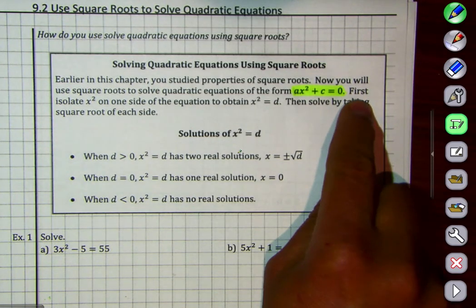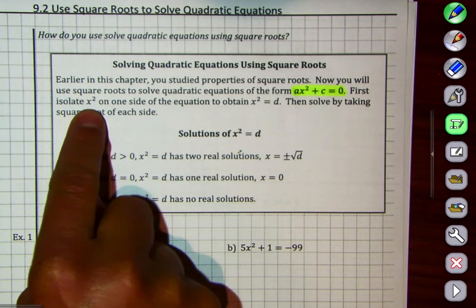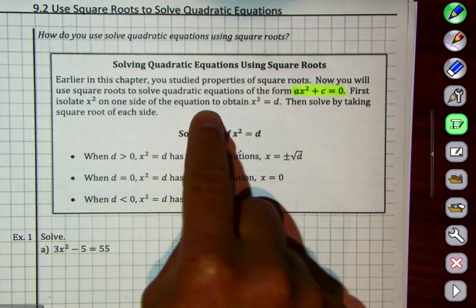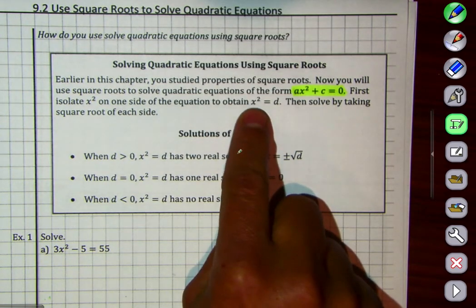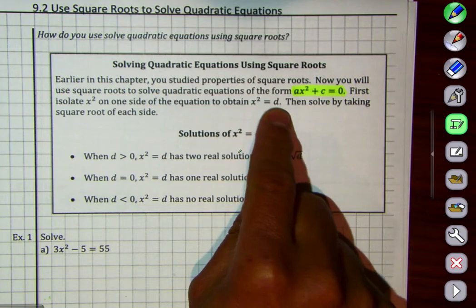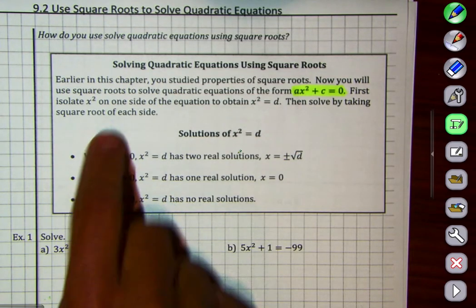The first thing that you should do is isolate the x squared on one side of the equation, so you can have x squared equals a number. And then we're going to take the square root on each side.